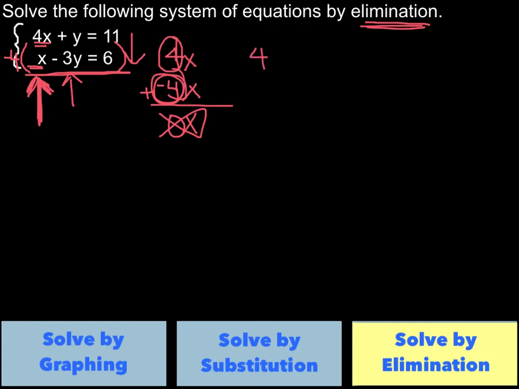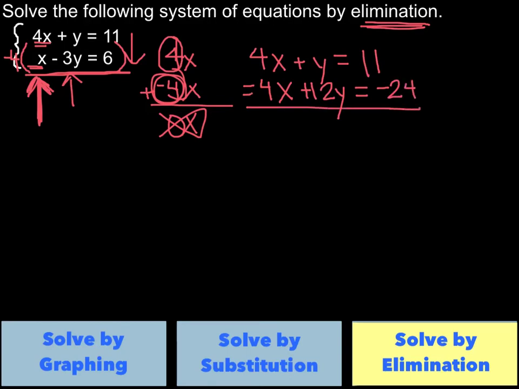So I'm going to rewrite the top. Now the bottom would be negative 4 times x is negative 4x. Now minus 3y times negative 4 would be positive 12y equals, now I've got to do the 6 too, negative 4 times 6 is negative 24.